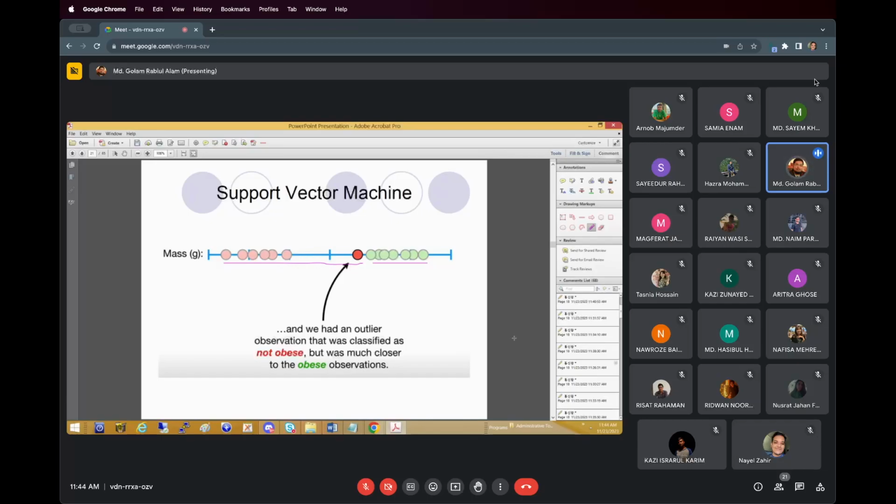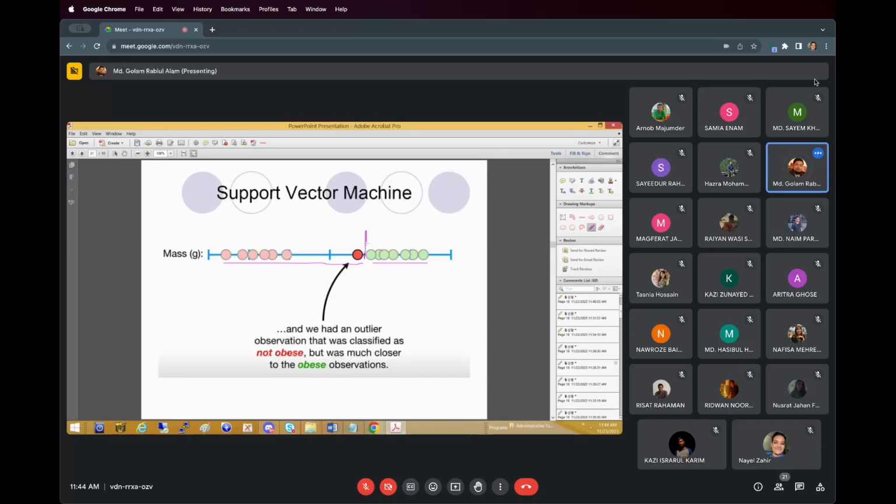Now, if we consider that this is our data set, according to our hard constraints, if we want to place our threshold, then where do we have to place it? We have to place it at this position.